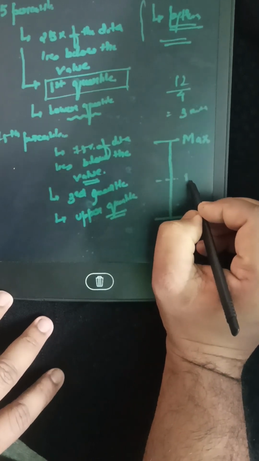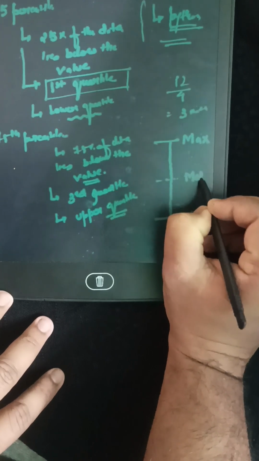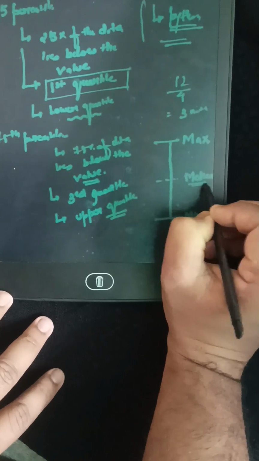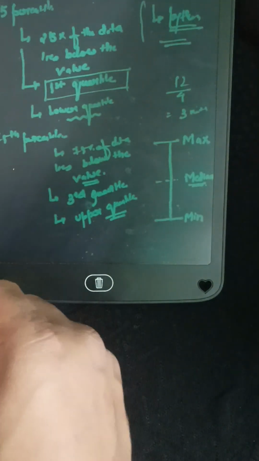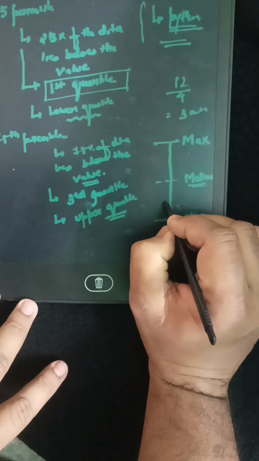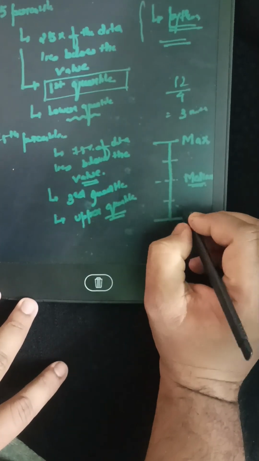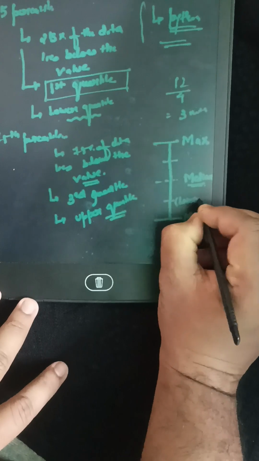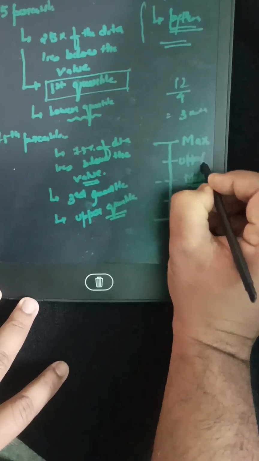half of it. So this is basically the median, and if it is normally distributed, it might come out that mean is equal to median. And in between this half, we also have the 25th and the 75th quartile. This is the lower quartile, and this is the upper quartile.